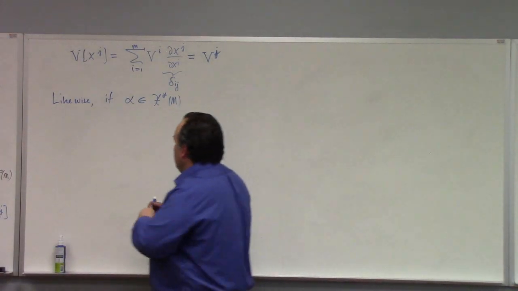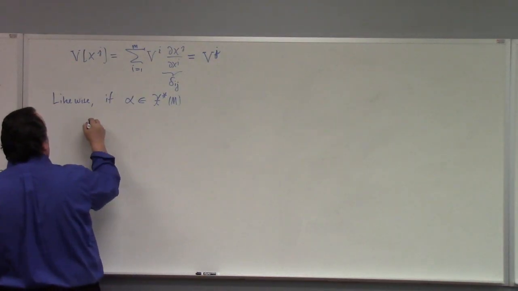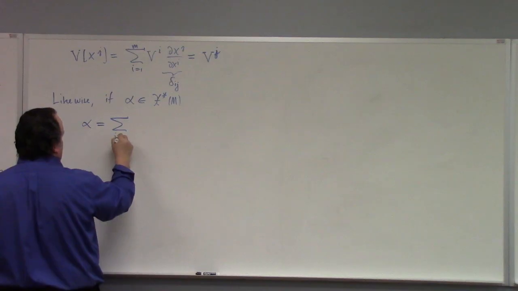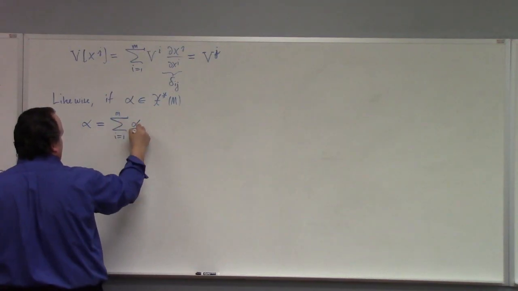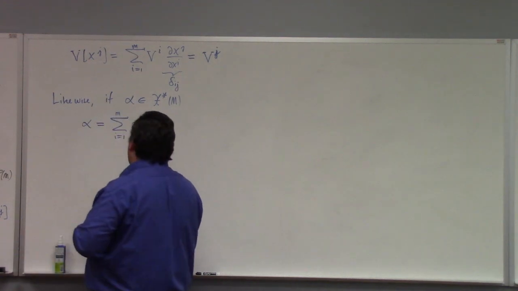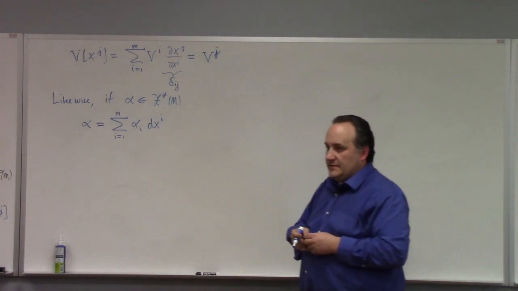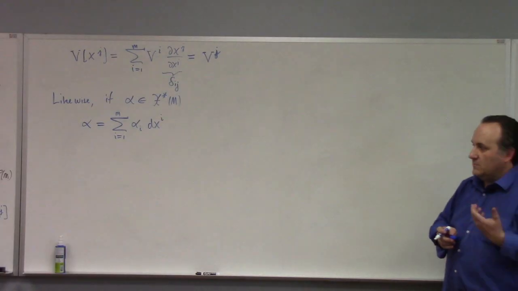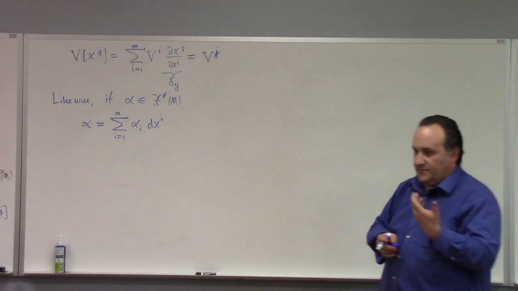So again, we have alpha, we can write it as the sum, i equals 1 to m, of alpha sub i dxi, where dxi, as we talked about last time, is dual to the coordinate derivations. Now, how do I find alpha i? What's the formula for that?